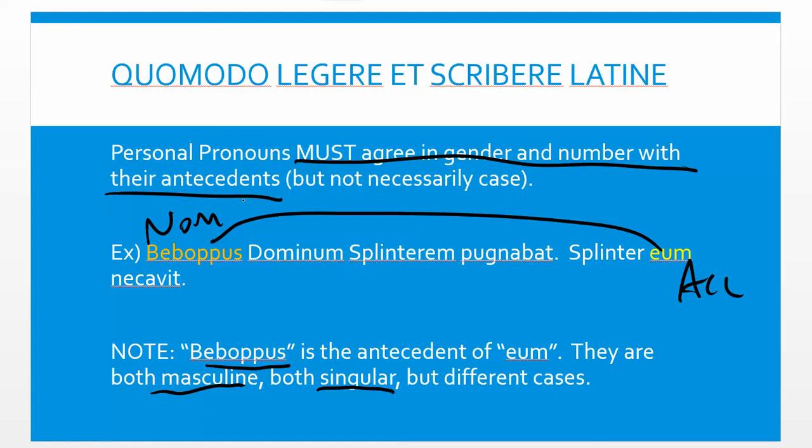So, Bebop was fighting Splinter, so he's nominative, he's the subject. When we get to the second sentence, Splinter killed him, he's being killed, so he's accusative here. So the pronouns must agree in gender and number, but not necessarily case, with the word they replace. Okay?